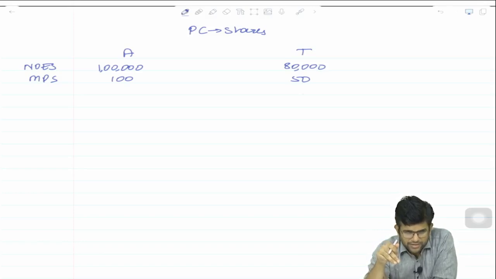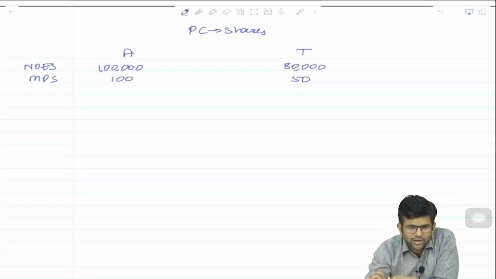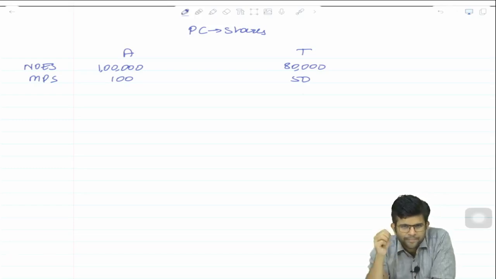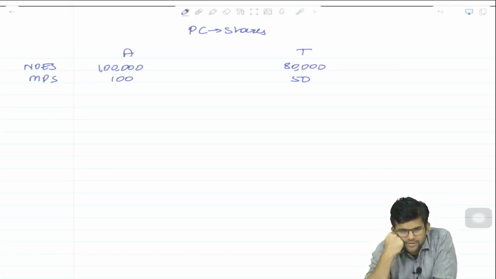Can I therefore say that the share exchange ratio will be, for buying every one share of T, A will issue half of its own shares, not two, half? A is twice. Everybody clear?